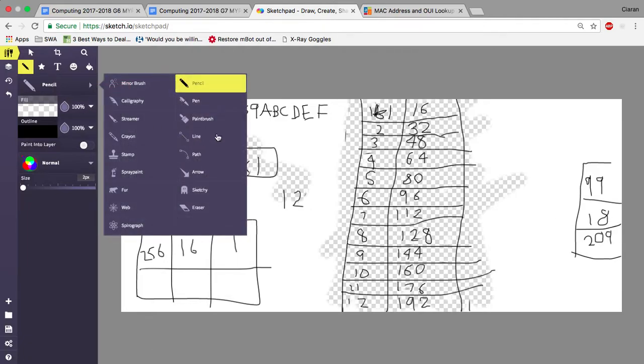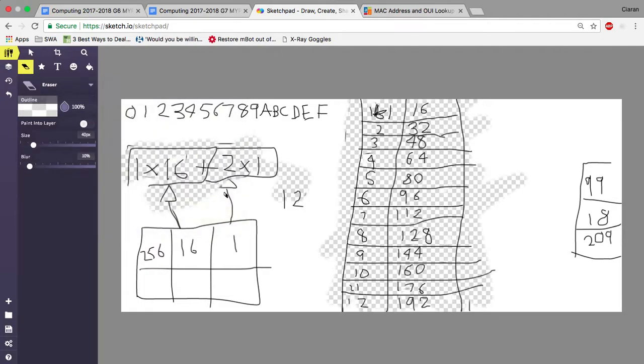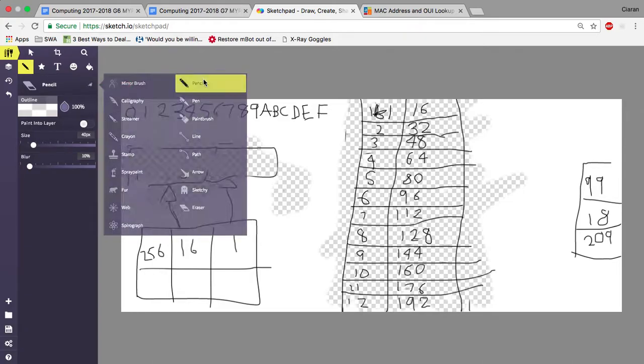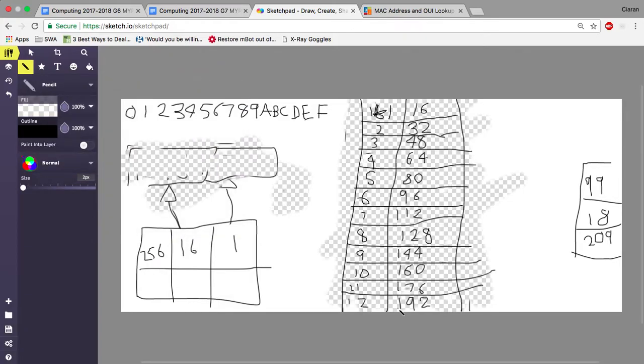Okay, let's do the final one. Once again, grab my eraser. 209, a little bit more complex. Now we can see that 16 times 12 equals 192.